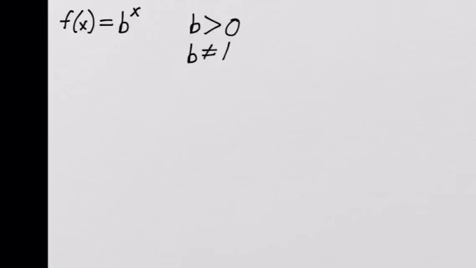But any other thing we can put in there that's a positive number is fine. We don't allow negative numbers, because then you start getting into issues like negative 2 to the negative 1/2 isn't defined. So therefore, b has to be a positive number.